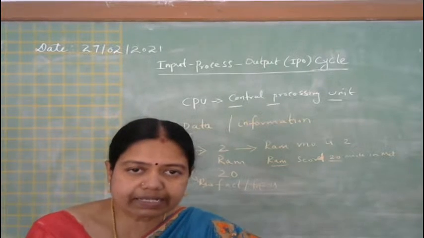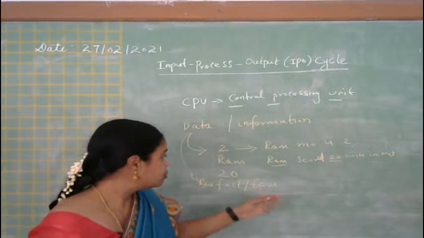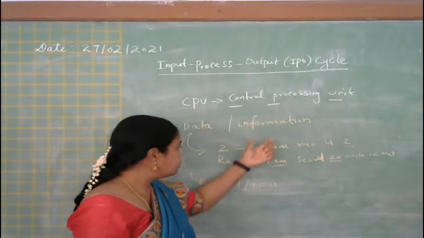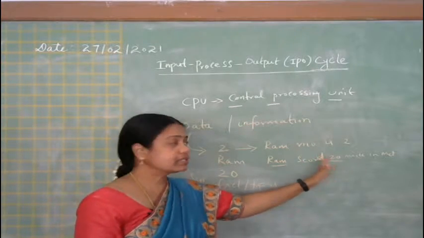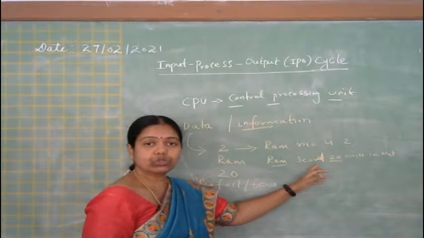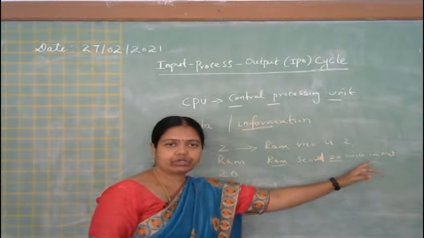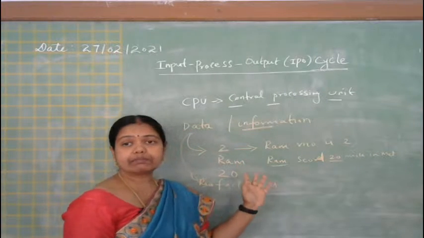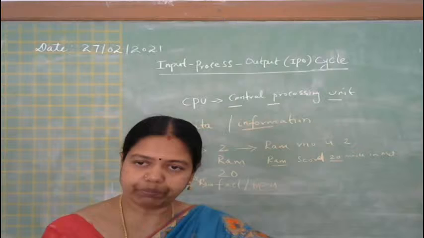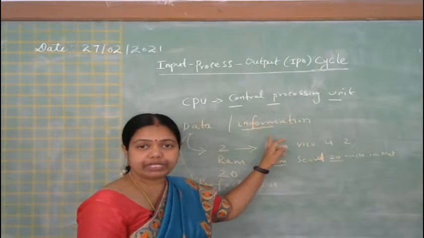So this is called the process. After the processed data is called the information. So Ram scored 20 marks in English. Now it is giving some meaningful information. So that is called the information.